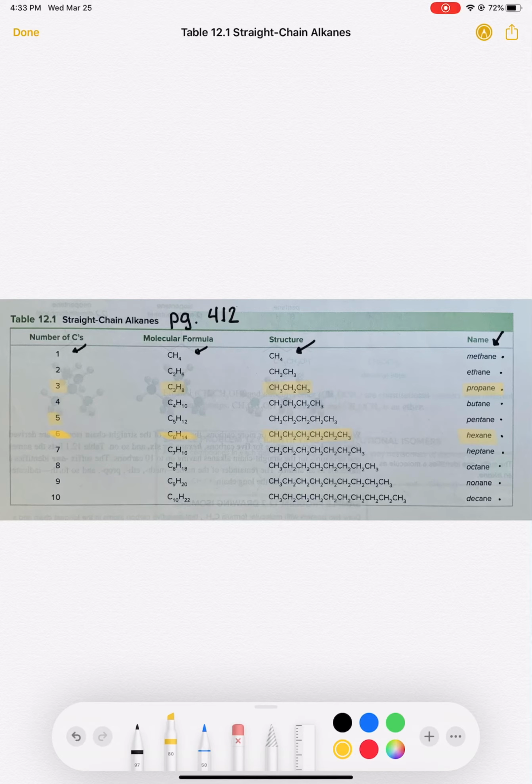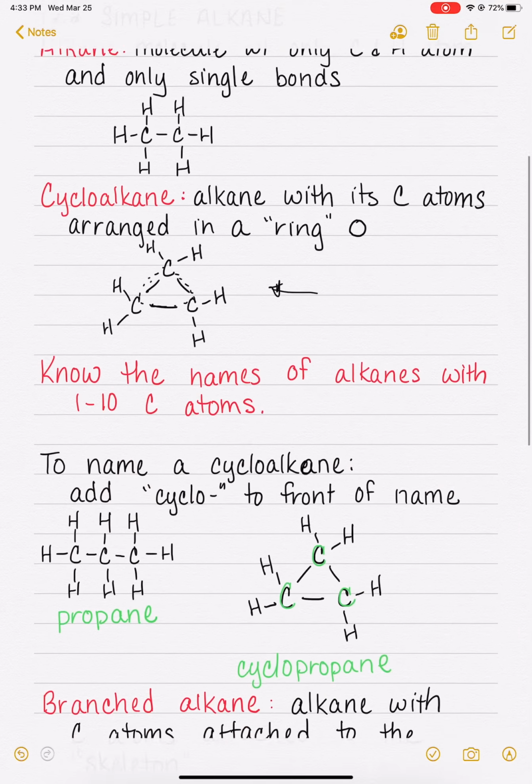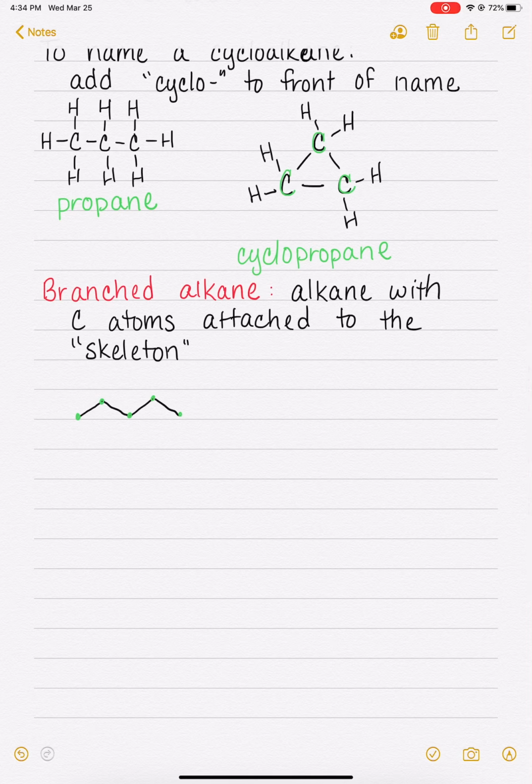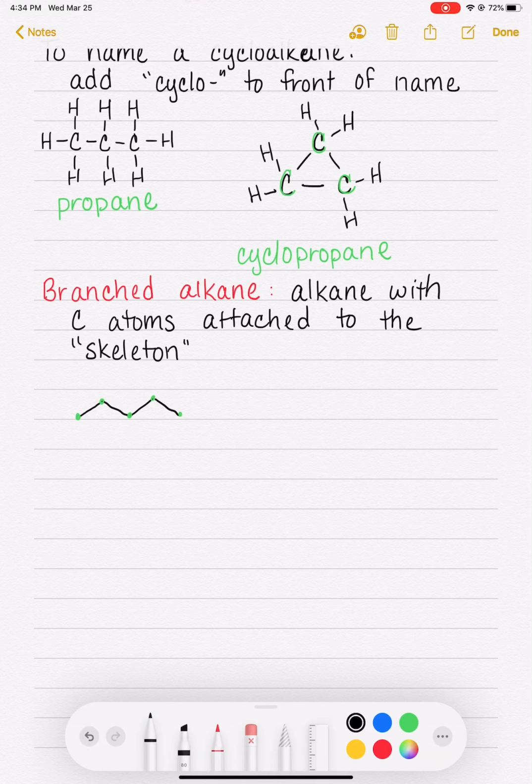It's right there. 5 carbons. It's pentane. Those 5 carbons that are in a row in this molecule, they are called the skeleton. Let's go like this. That is our skeleton. 5-carbon skeleton.